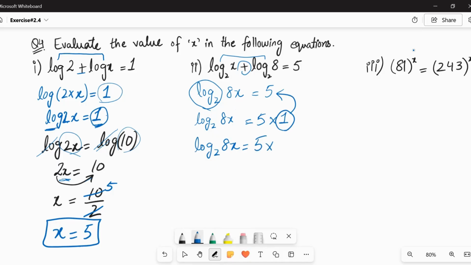Now you can say, teacher, we can replace the 1 by log 10.